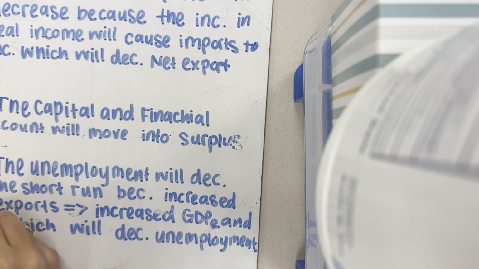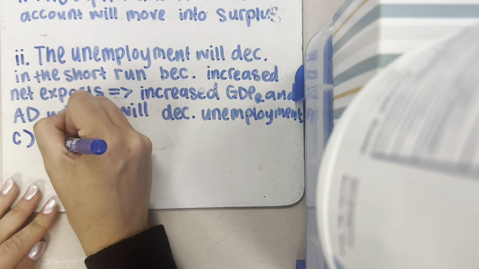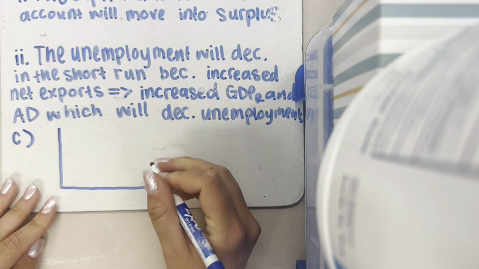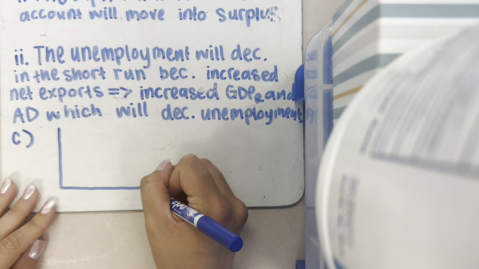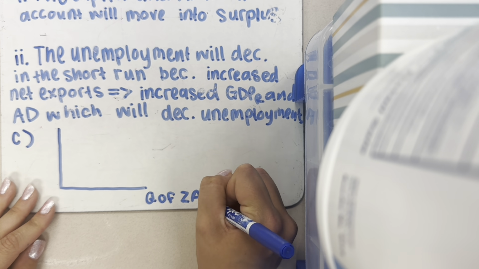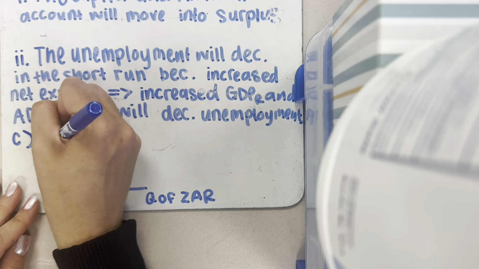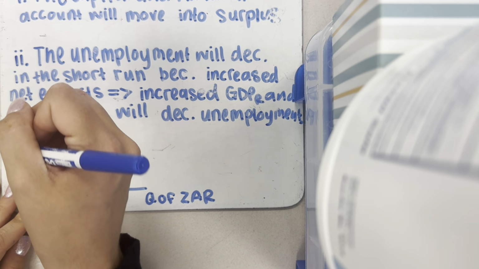So we'll start by drawing our graph, and on the bottom, since we are doing the ZAR, we'll do quantity of ZAR, and on the top, we'll have the US dollar over the ZAR.